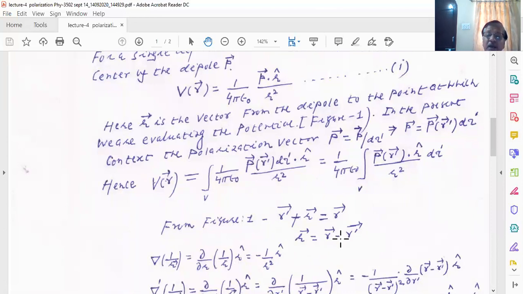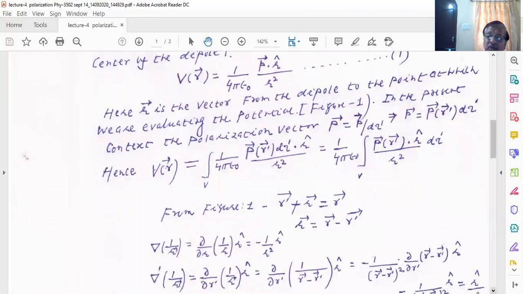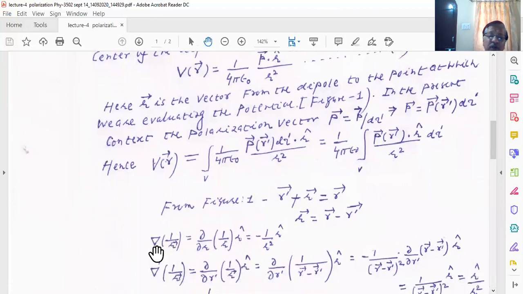In first year BSc, you know that the gradient of a scalar is always a vector. So we know the gradient of 1 upon r. The gradient is a differential operator, and when it operates on the operand, it differentiates the function.